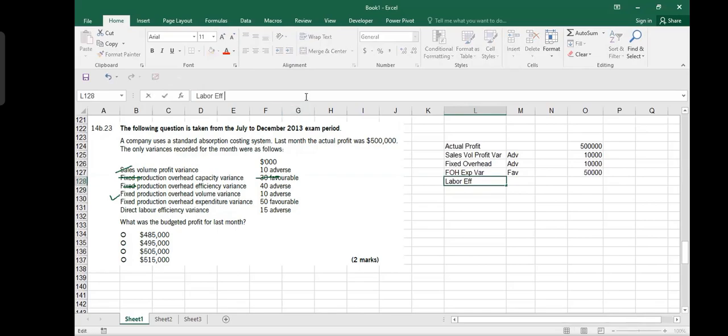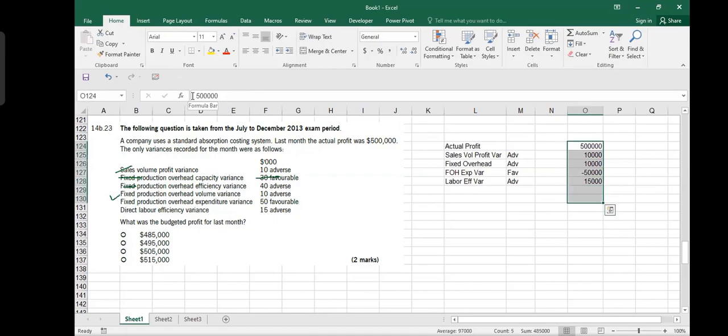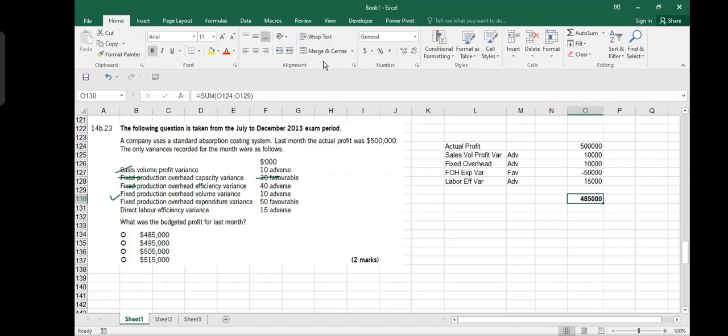How much is that? It is adverse, and it is 15,000. So if it is adverse, I will add. By the way, there was favorable, I should subtract, 50,000 I should minus. And you make a total of that. There is no other variance. Just make a total. 485,000 should be your answer. Just do not get confused with these two. Ignore these two. Students sometimes make mistakes here.